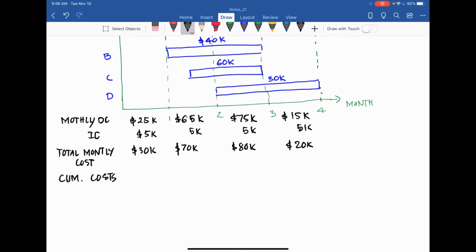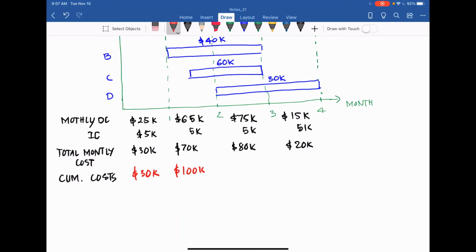Then cumulative: the first month, of course, is 30,000. The second month cumulative includes the first month plus the second month: 30,000 plus 70,000 is 100,000.